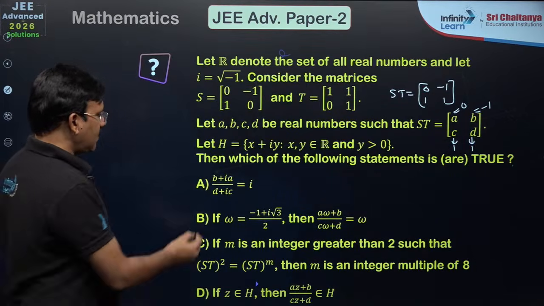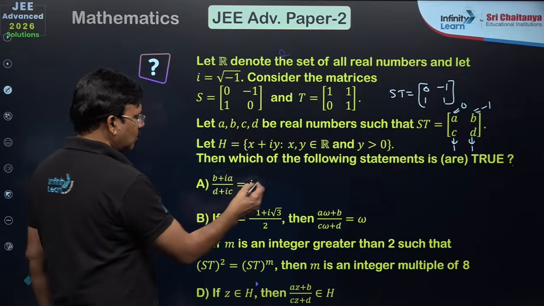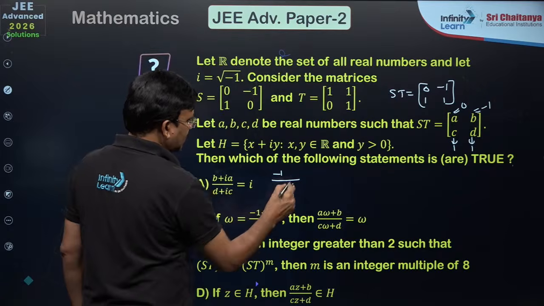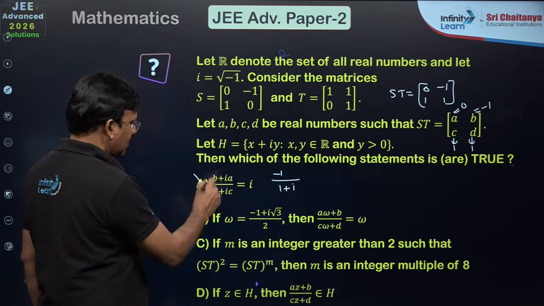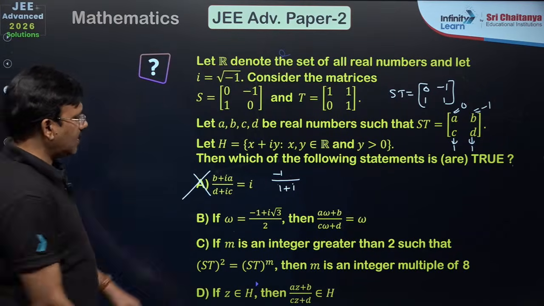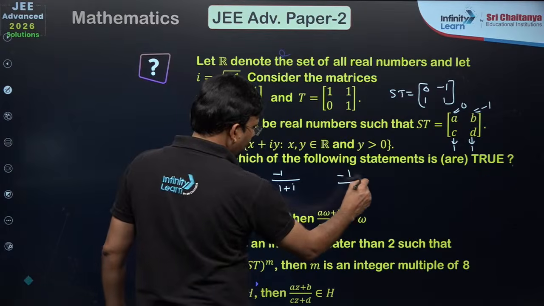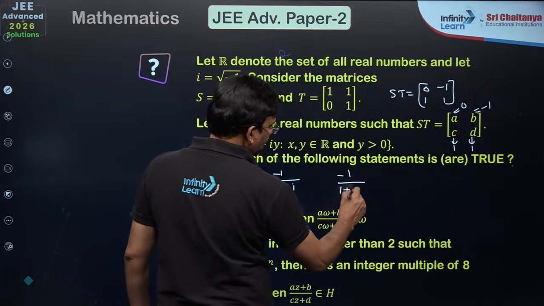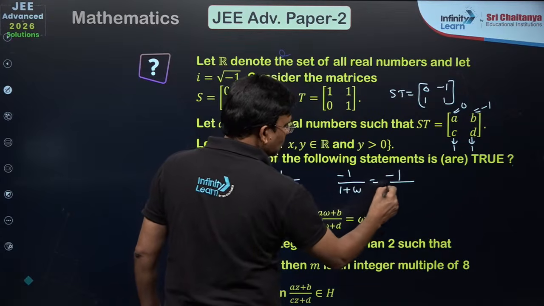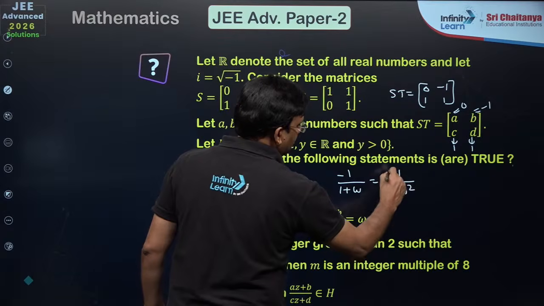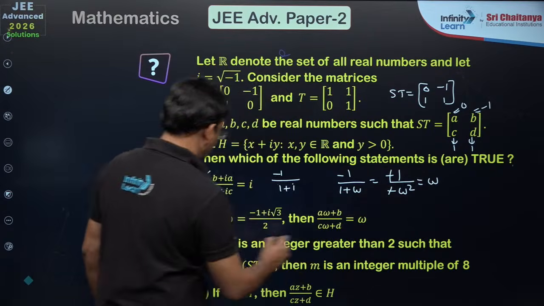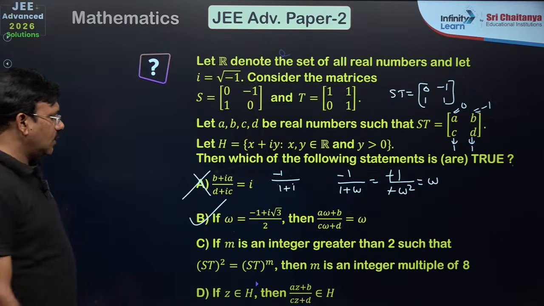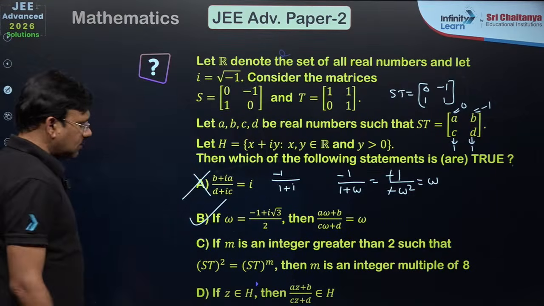Now, substituting a 0, b minus 1, c, d equal to 1 means 1 plus omega, and 1 plus omega is minus omega square. 1 by omega square is omega. B is correct.